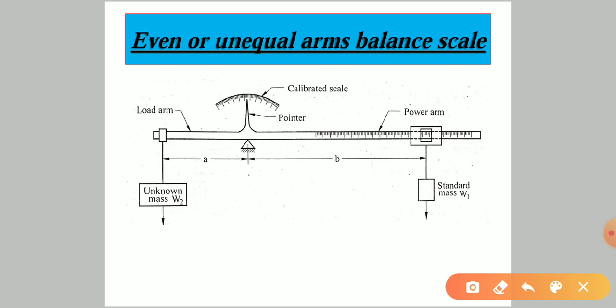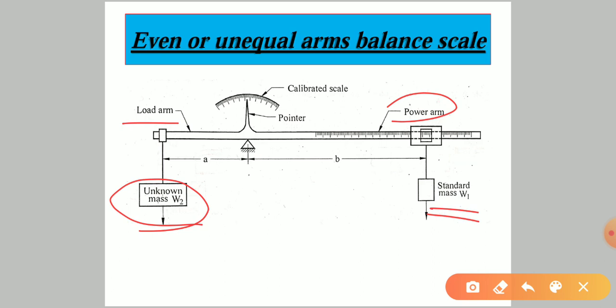Here two arms are used. One is called the load arm, which is associated with the unknown load or mass, and the other is called the power arm, which is associated with the known or standard weight.